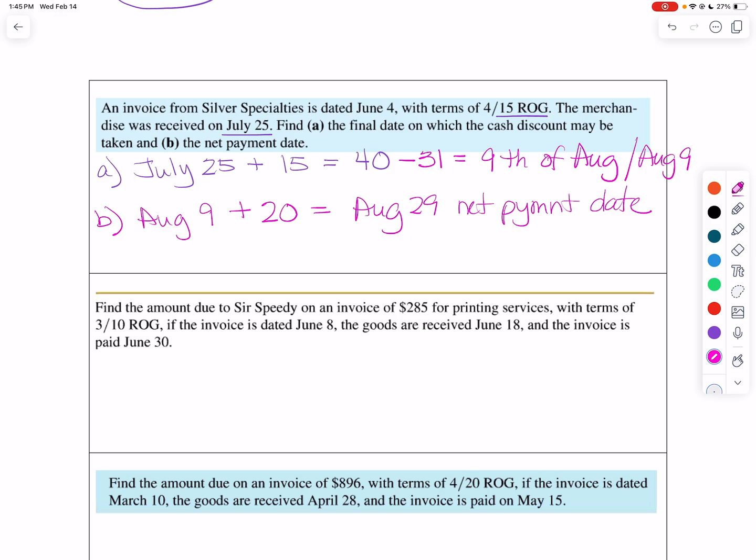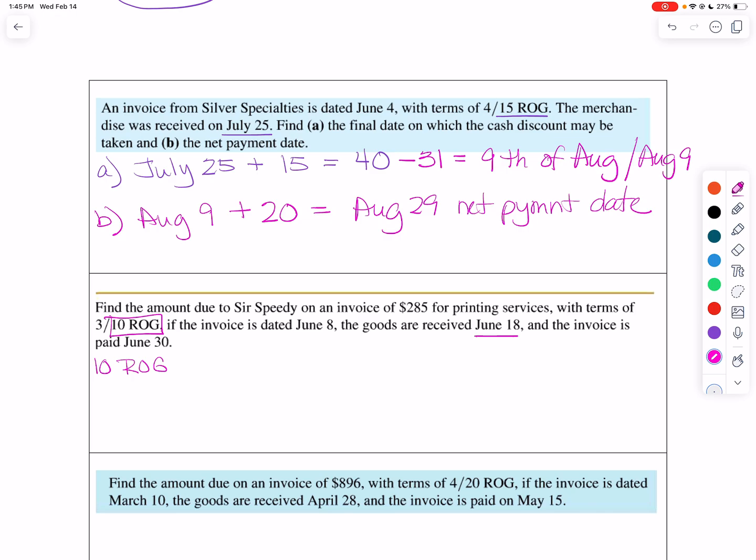All right, so now we're going to do some applications where we're going to find out what the amount is for the invoice, okay? All right, so let's see. It's dated June 8th, but the goods are received June 18th, and here are the terms. So part A, we've got 10 days receipt of goods.